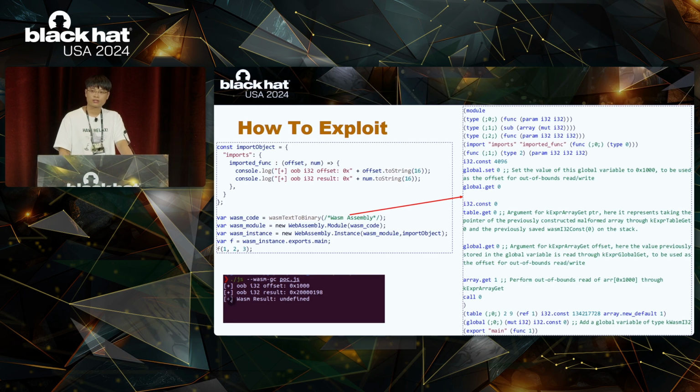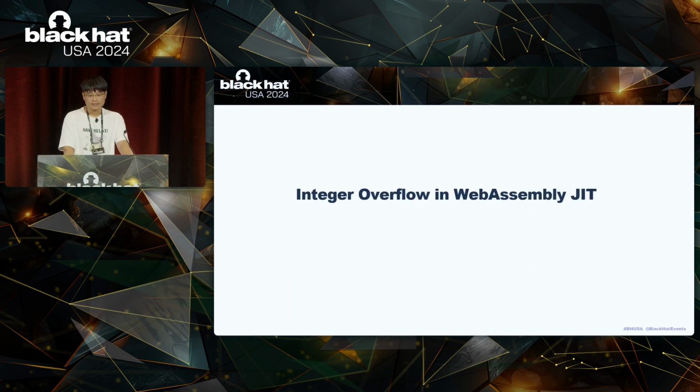However, the details are released in our white paper. In the following section, we will discuss the issue of integer overflow. Compared to the initialization order error mentioned earlier, the root cause of this vulnerability is relatively simple.